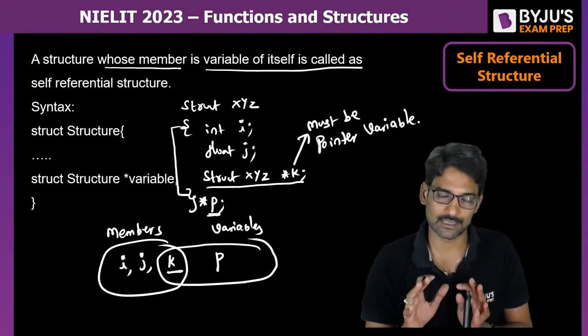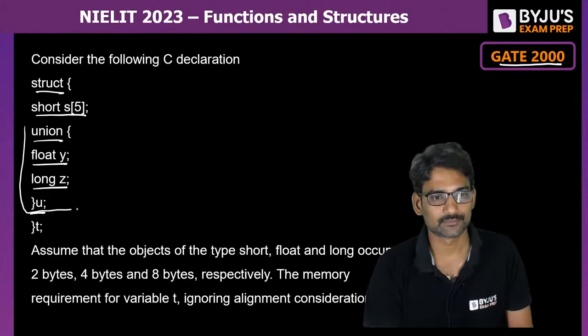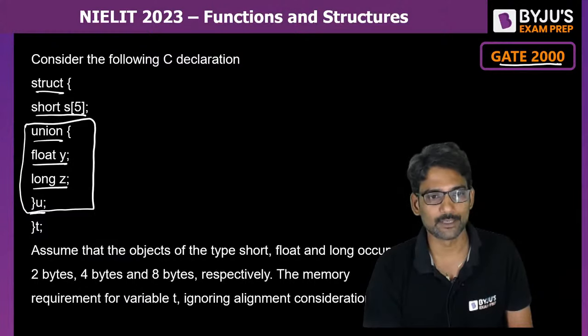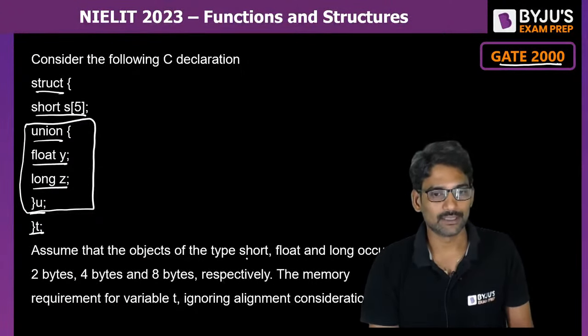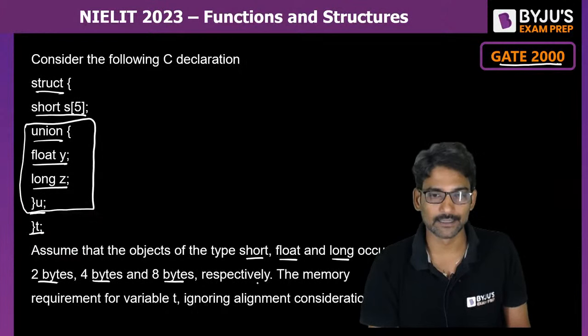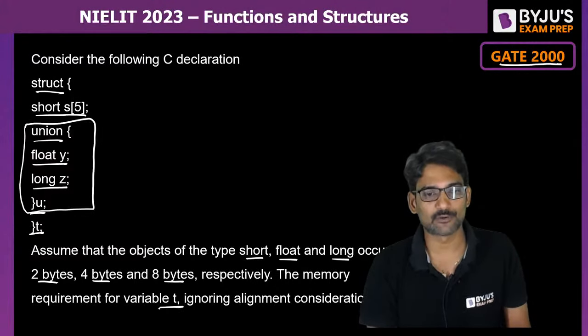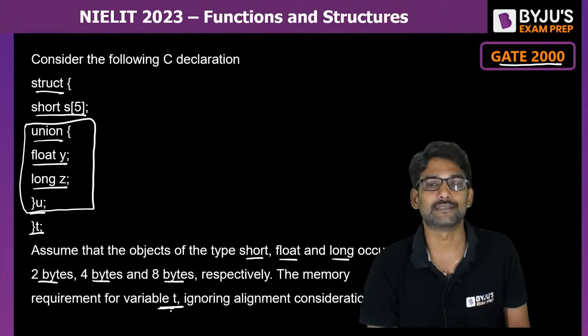Quickly go through this. We have struct { short s[5]; union { float y; long z; } u; } t; there is a variable u for the union, variable t for the structure. Given short, float, long occupy 2, 4, 8 bytes respectively, then the memory requirement for variable t is?